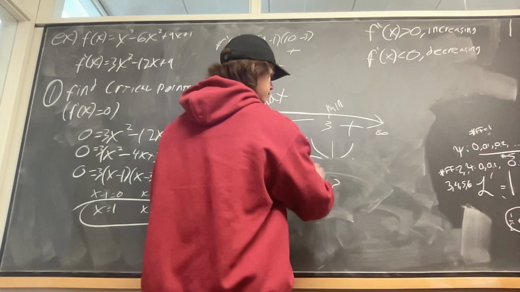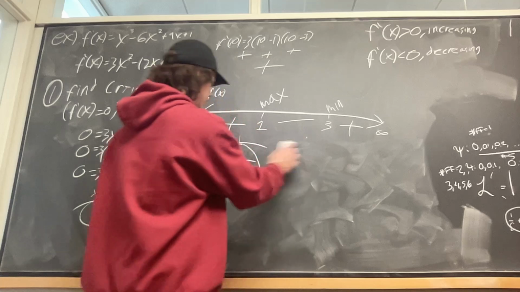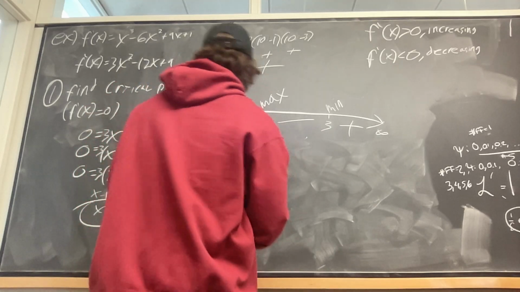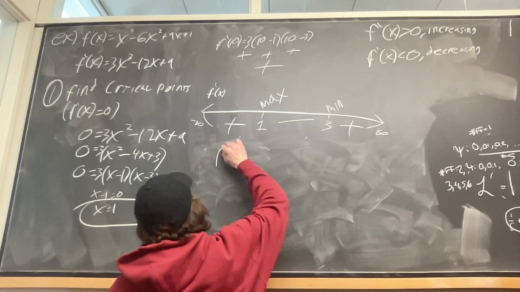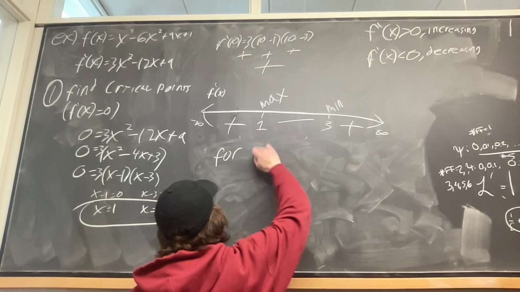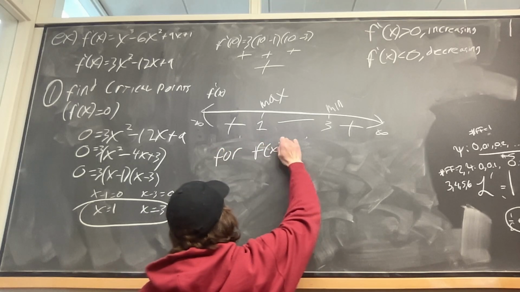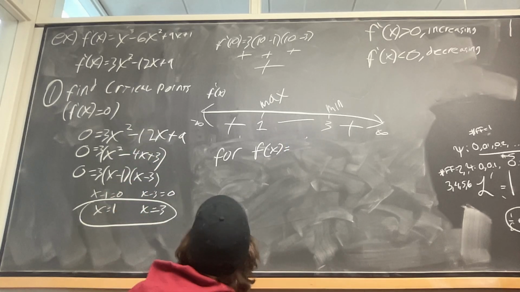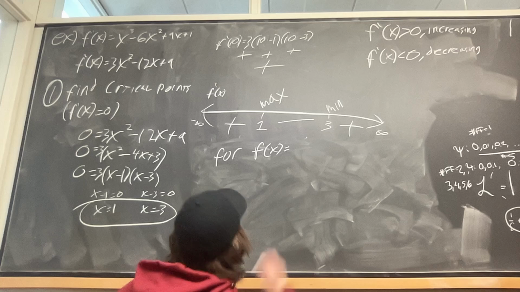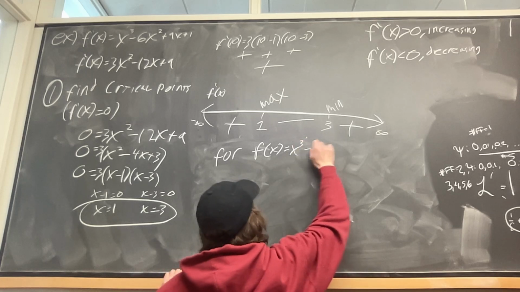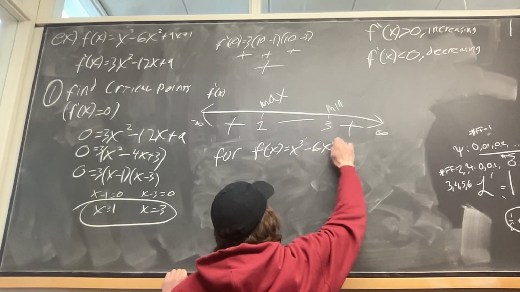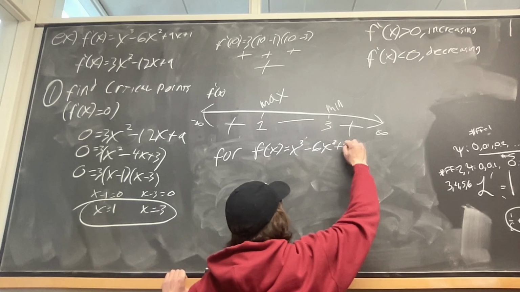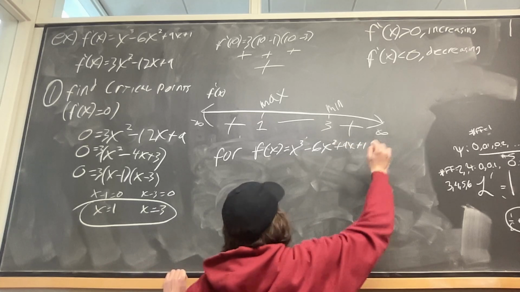All right, so we're pretty much done at this point. I'm just going to put it into a nice little answer. So for f of x equals our original function, I almost just fell over. Our original function is x cubed minus 6x squared plus 9x plus 1.